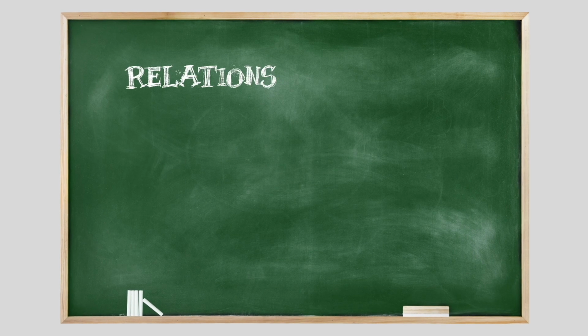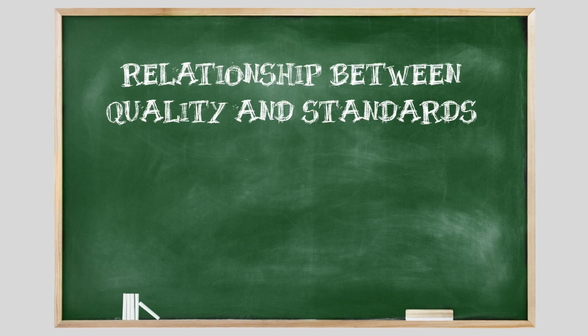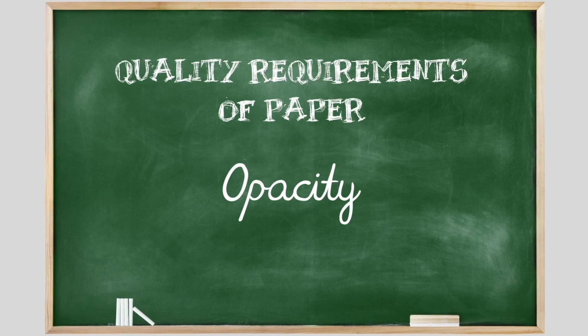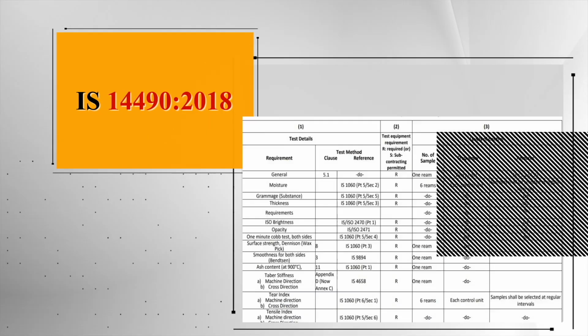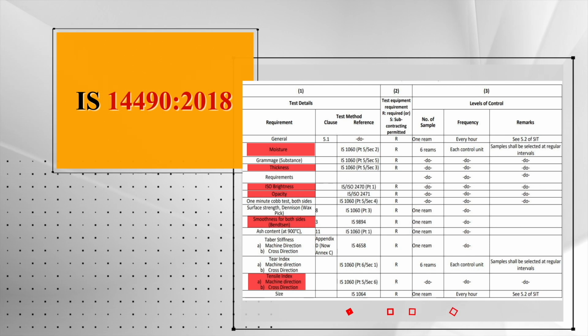To understand this relationship between quality and standard, let us see how the standard on paper documents the quality parameters: size, opacity, tensile strength, moisture. The standard lays down specific requirements for each of these parameters.